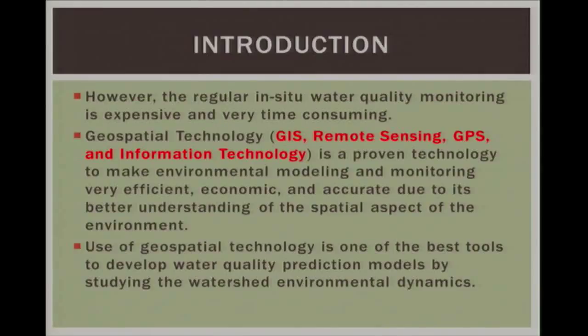That is the reason geospatial technology, which is GIS, remote sensing, GPS, and information technology, a proven technology, makes environmental modeling and monitoring very efficient, economic, and accurate due to its better understanding of the spatial nature of your environment. Use of geospatial technology is one of the best tools to develop water quality prediction models by studying the watershed environmental dynamics. What does it mean?